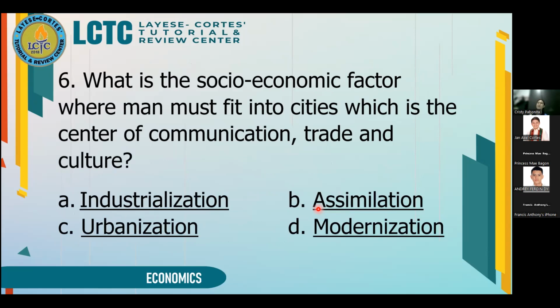So what do you call this process in which the mindset is that man must go to the cities to have better opportunities, where the center of communication, trade and culture is? Why do people from the provinces go to the city? What do you call that process? Is it A, industrialization, B, assimilation, C, urbanization, or D, modernization?